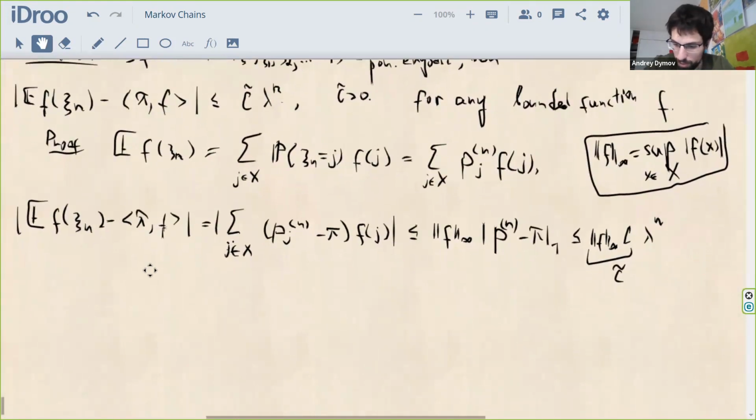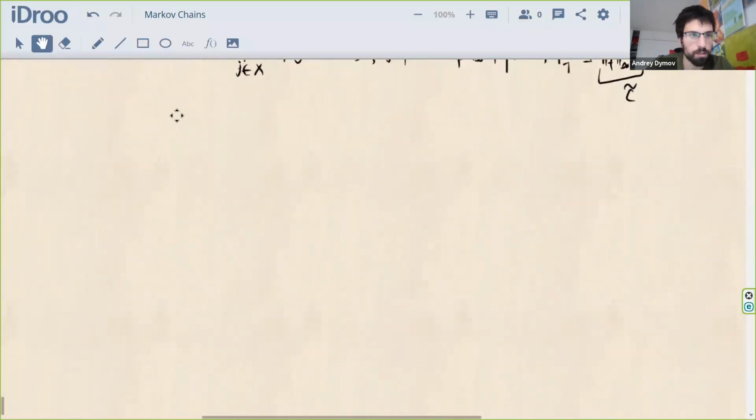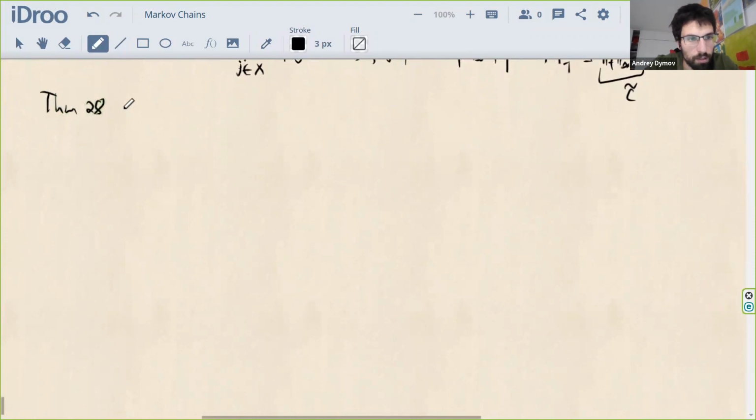No questions, no comments. So then finally I will formulate the law of large numbers for Markov chains. This is theorem 28, law of large numbers for Markov chains.